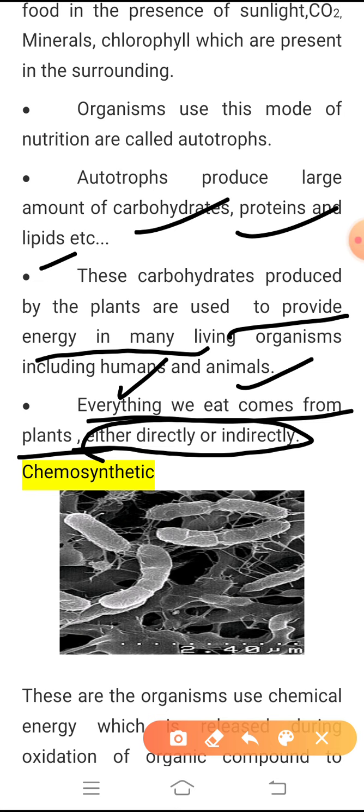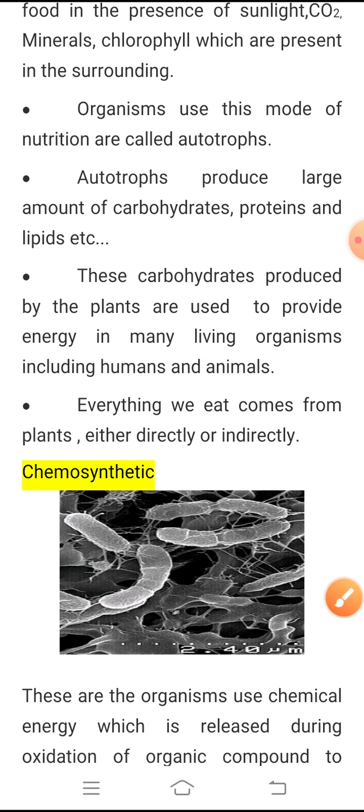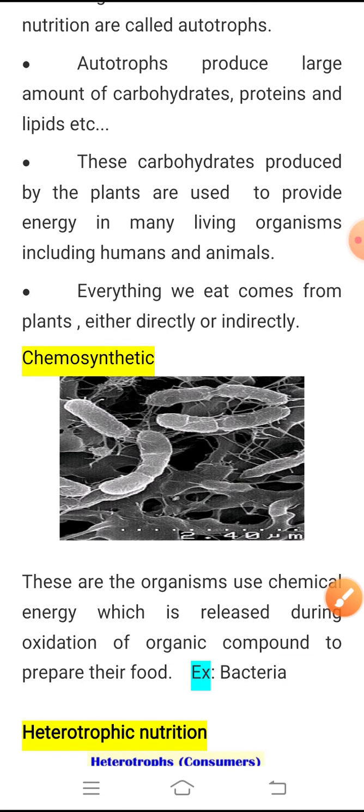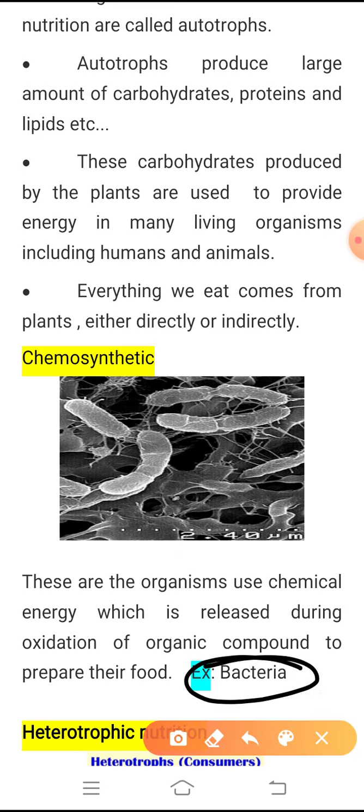So next thing which we are going to discuss under autotrophic nutrition, the second thing is chemosynthetic. When I talk about chemosynthetic, I can take an example of bacteria. So what are chemosynthetic organisms? These are the organisms which use chemical energy. Chemo means chemical. Okay, so these are the organisms which use chemical energy which is released during the oxidation of organic compounds to prepare their food.